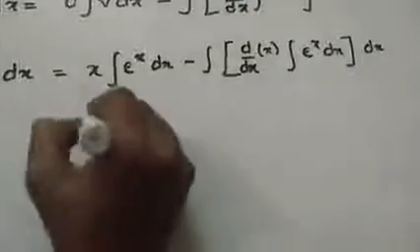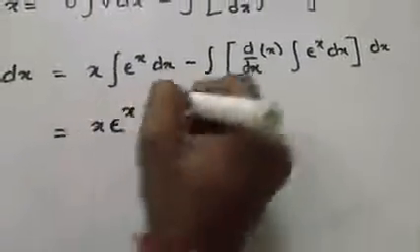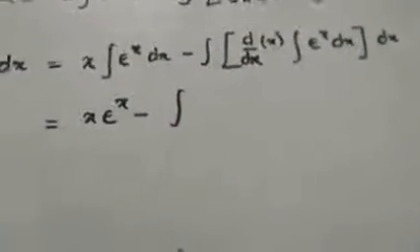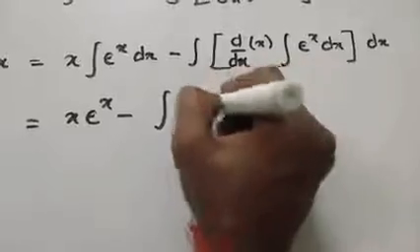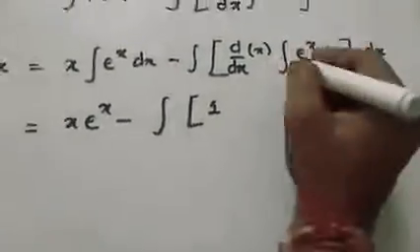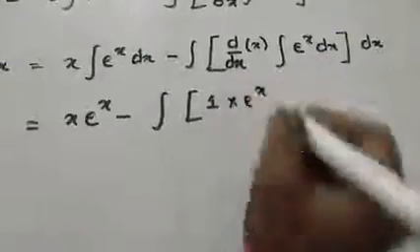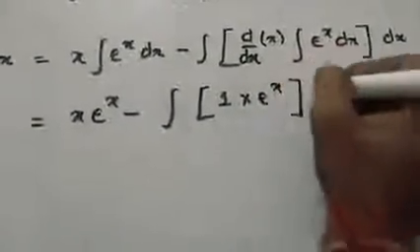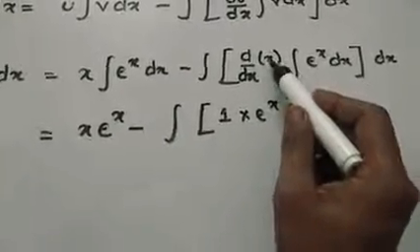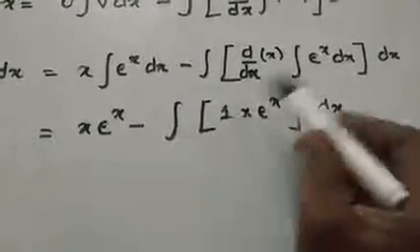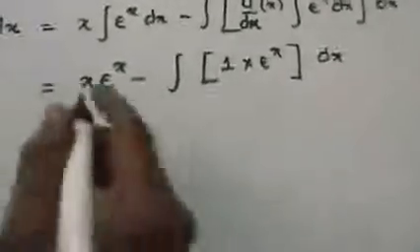Now simply integrating them, the integration of e to the power x is e to the power x, minus integration of d/dx of x. Now we know that d/dx of x is 1, and the integration of e to the power x is e to the power x, and they are in the form of multiplication, bracket closed, dx. The derivative of x is 1, into the integration of e to the power x, which is e to the power x.